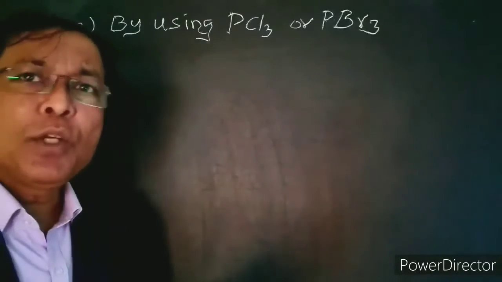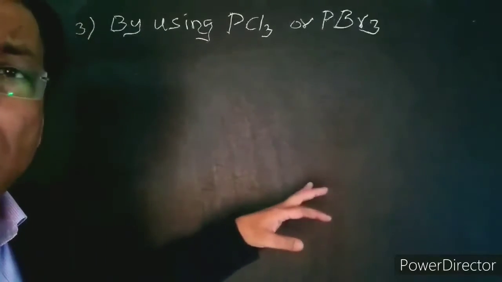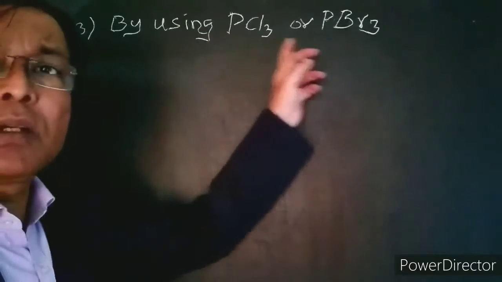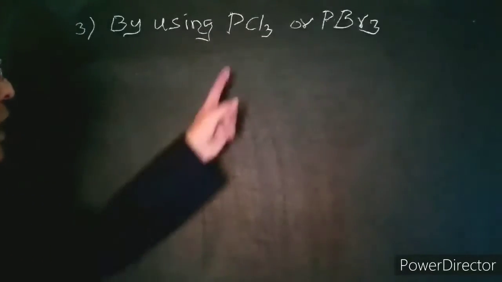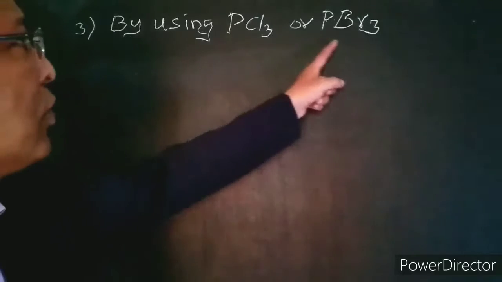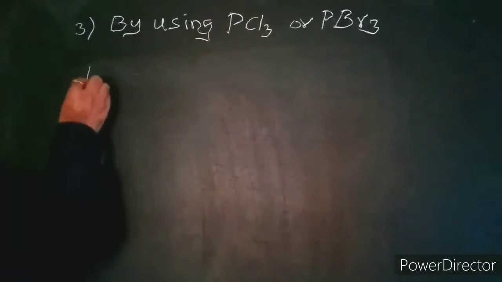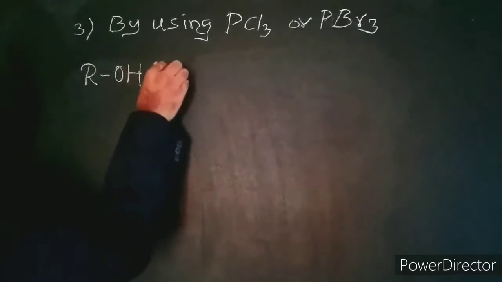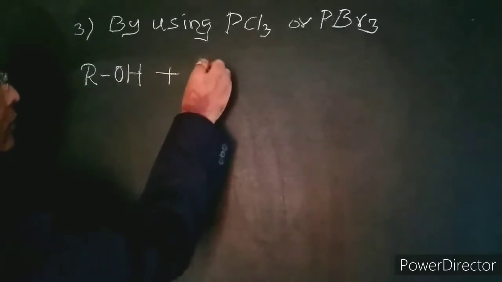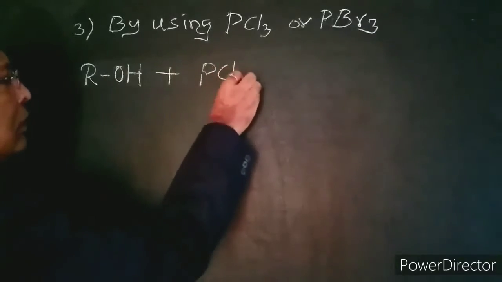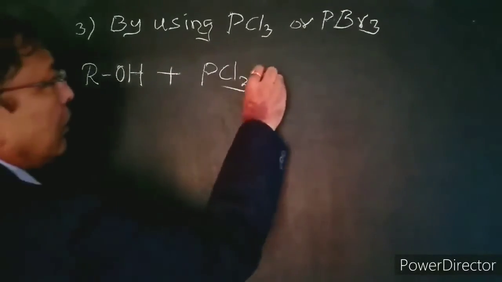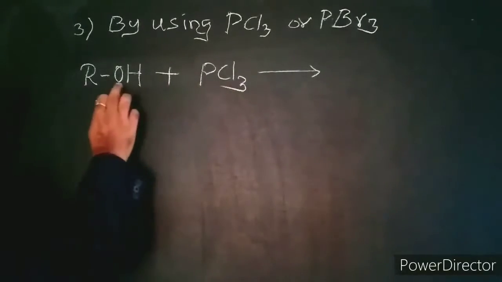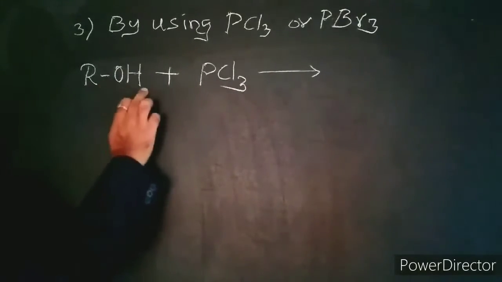Now, preparation of alkyl chlorides and alkyl bromides from alcohols by using PCl3 and PBr3, that is phosphorus trichloride and phosphorus tribromide. When alcohol is reacted with phosphorus trichloride, as you see here, each chlorine atom replaces one hydroxyl group.